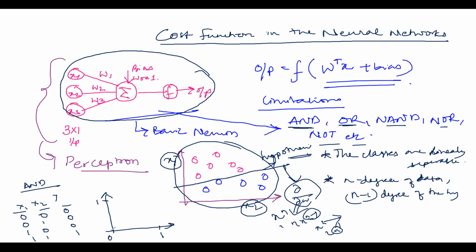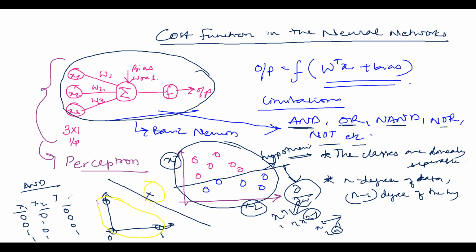First is 0 0, which gives 0. Another is 0 1. So when I say this is one class, the circle, and this is my another class, definitely I can get a hyperplane which can easily intersect.